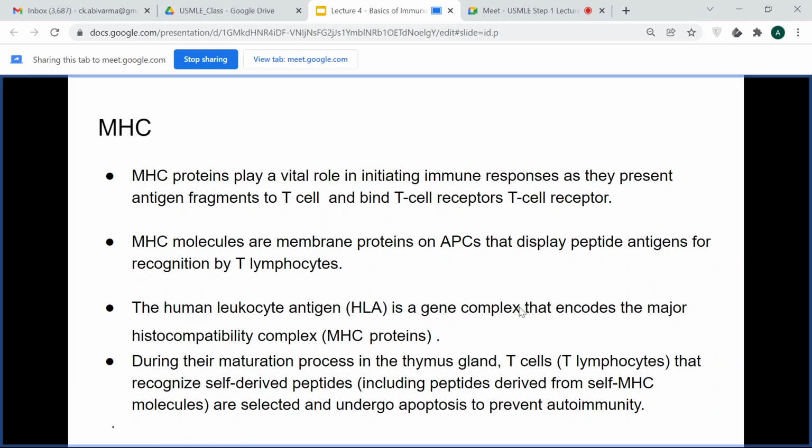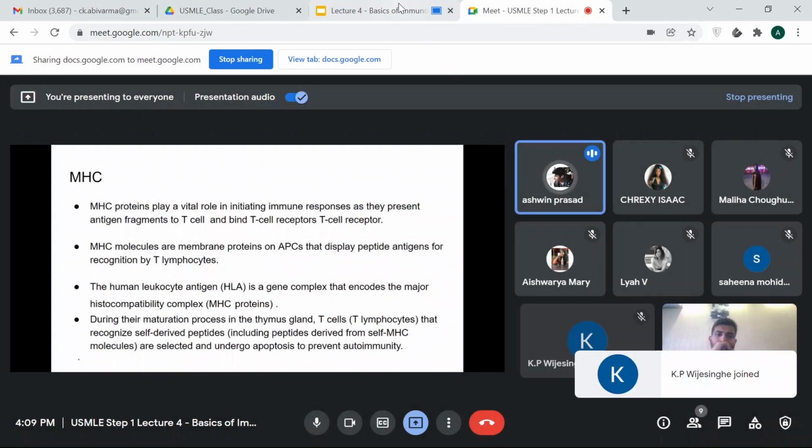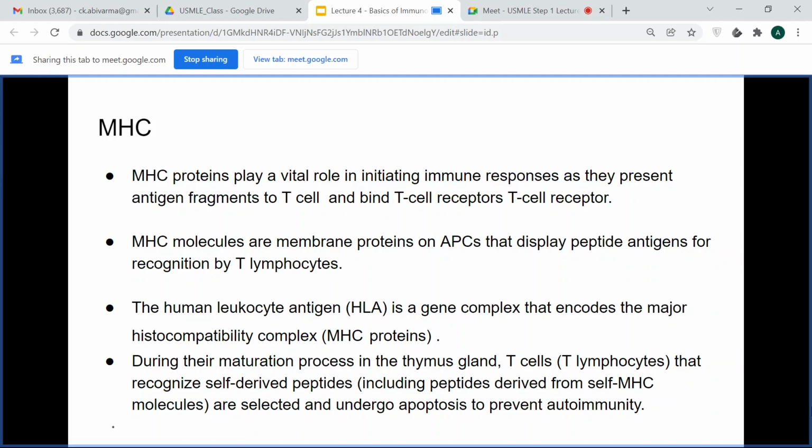The previous class we covered innate immunity, and today we're going to do adaptive immunity. Abhi's just getting started with MHC molecules. This is the first slide. At any point in time, if you feel left out or you don't understand what's going on, you can just leave a text, or interrupt Abhi in the middle, and he'll let you know what's going on. Is that okay? Yeah, it's okay.